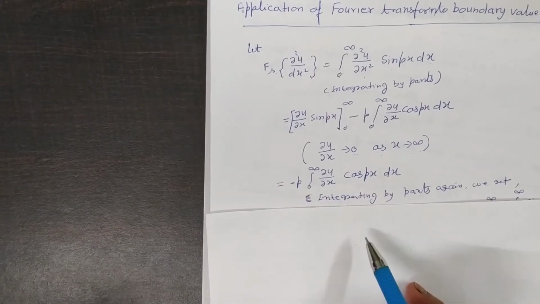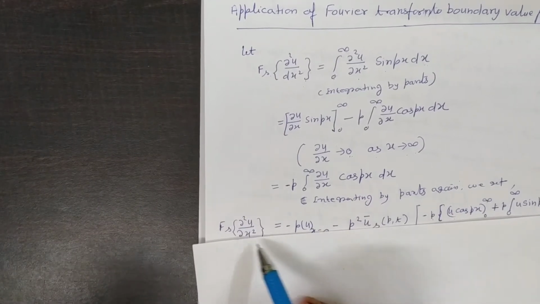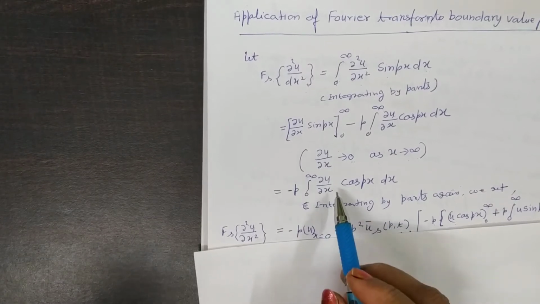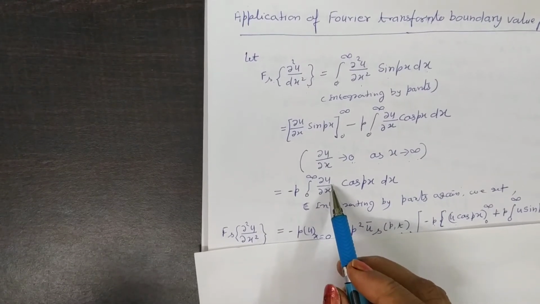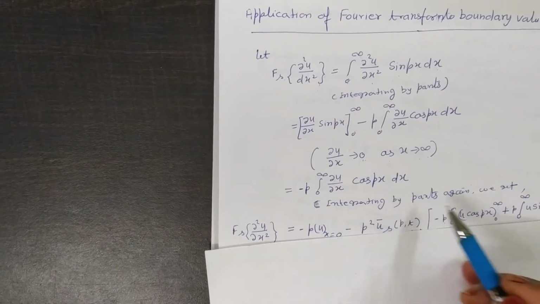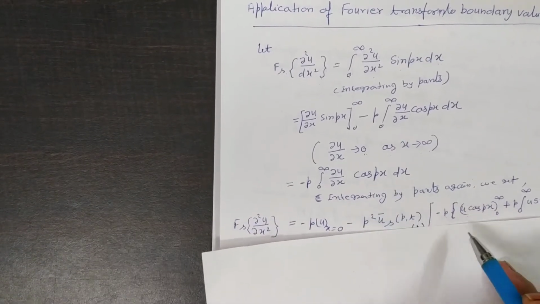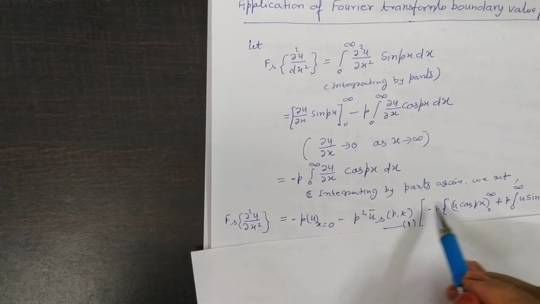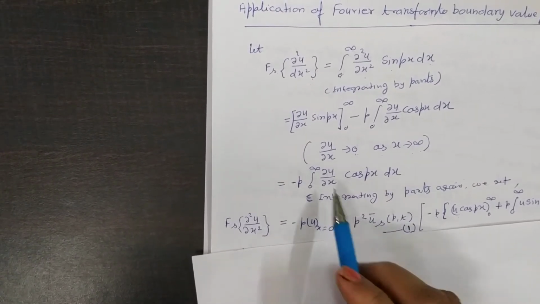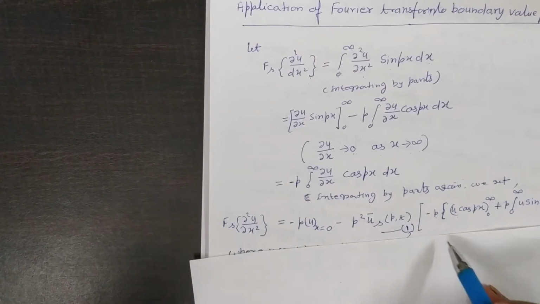Students, now again integrating by parts. Here we have minus p, and if you integrate here, then this is u. Again integrating this, we get minus p² u sin(px).